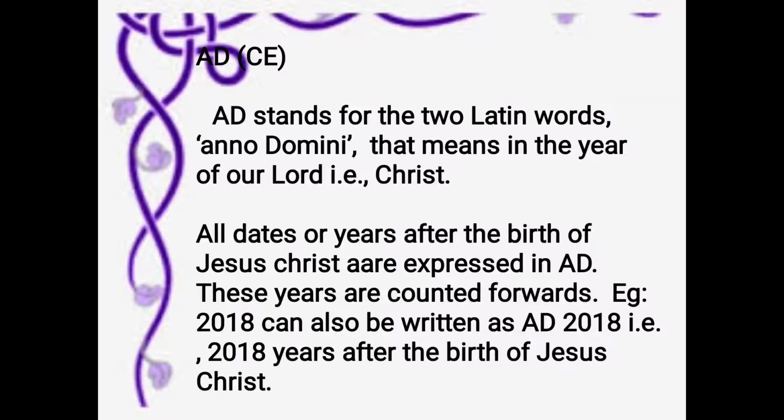These years are counted forwards. Example: 2018 can also be written as AD 2018, that is 2018 years after the birth of Christ. Now AD means Anno Domini, that means the year of the Lord or Christ. All the dates or years after the birth of Jesus Christ are expressed in AD, which means they are counted forwards.